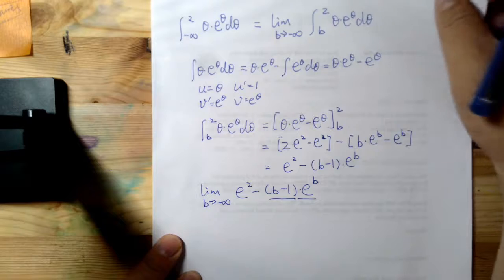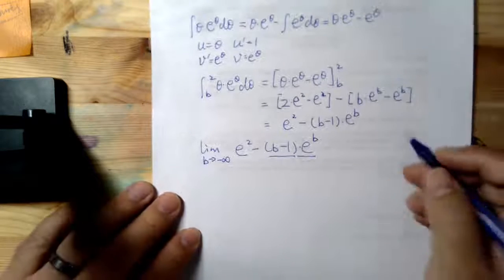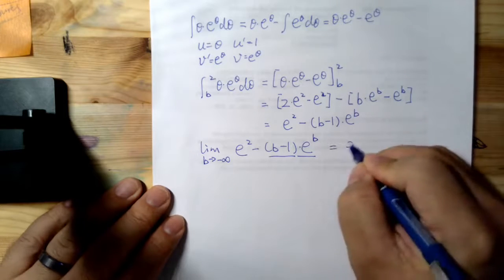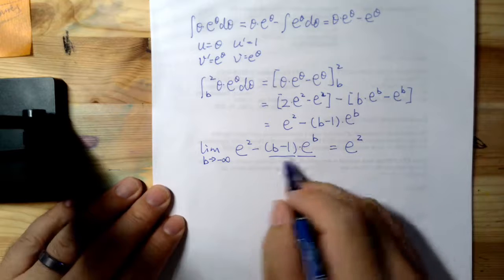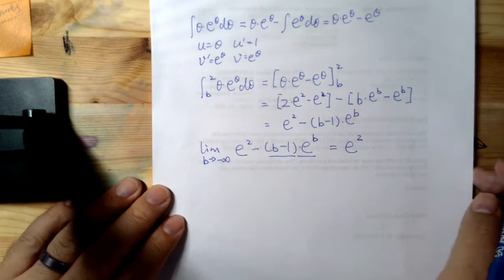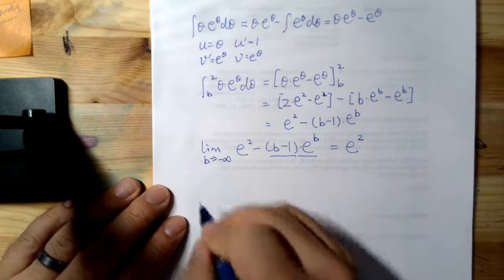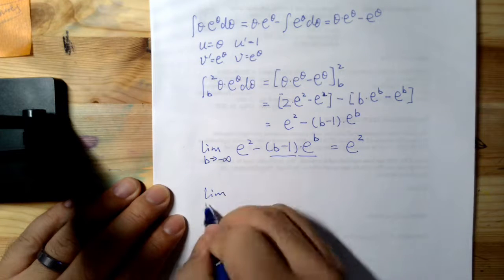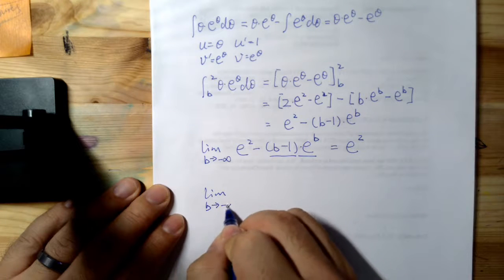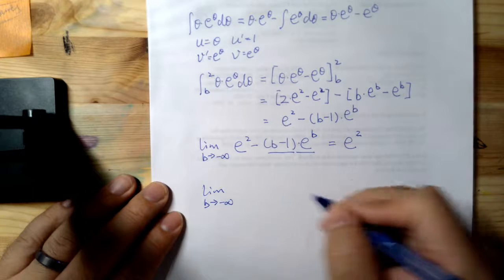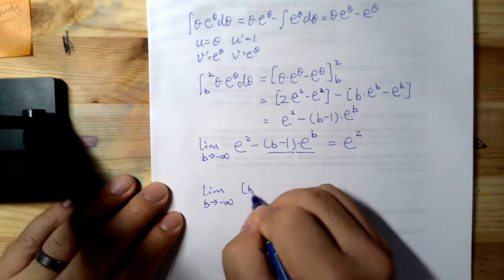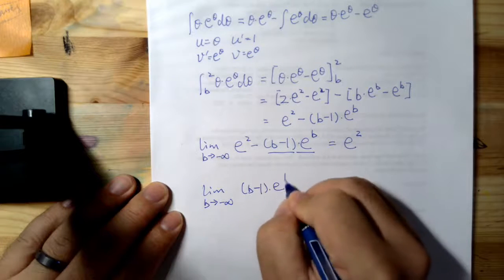For here, I can tell you this part is going to be 0, but why is it 0? Maybe let's be more specific. Let's see, the limit as b goes to negative infinity of (b minus 1) times e to the power of b.